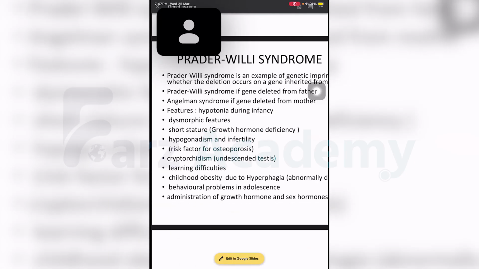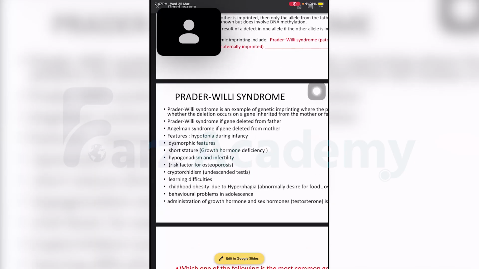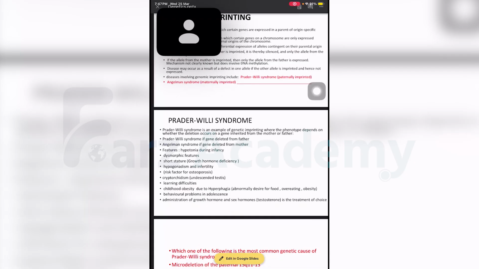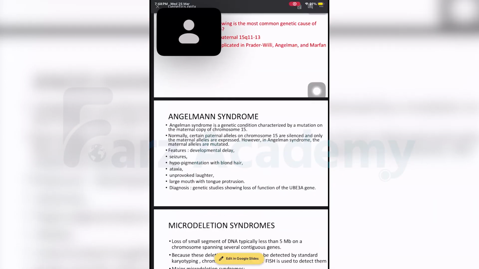Childhood obesity. This obesity is because of hyperphagia, and this hyperphagia is because of a hormone-mediated increase in appetite, that is your ghrelin. When your ghrelin hormone increases, you crave more for food, and that leads to overeating and then obesity. Whereas important in Angelman would be developmental delay, seizures, ataxia, and a large mouth.